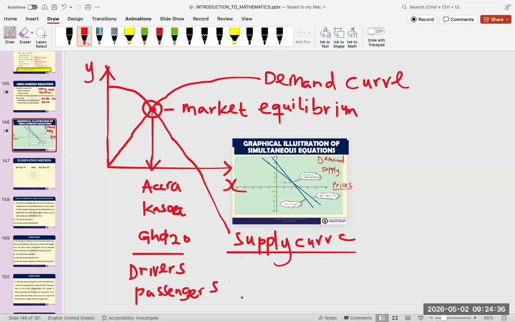On the other hand, if another car comes and says, as for me, I'm going to charge 50 cedis from Accra to Kaswa, it means that equation has not been solved. The passengers will complain and resist because the driver has changed from the market equilibrium.